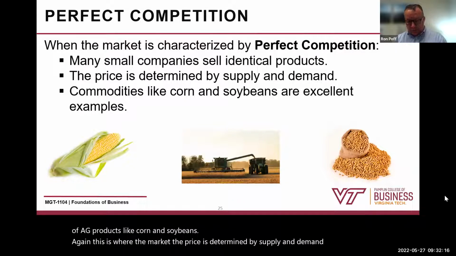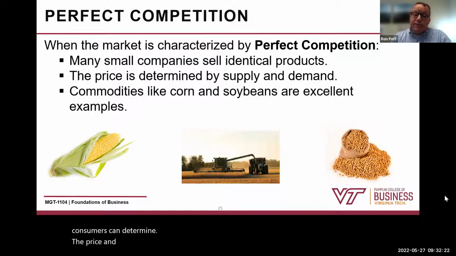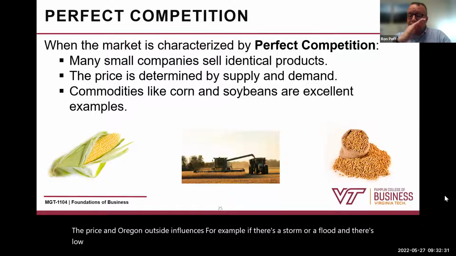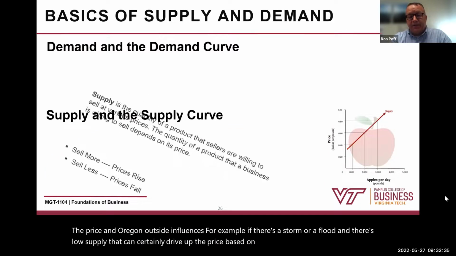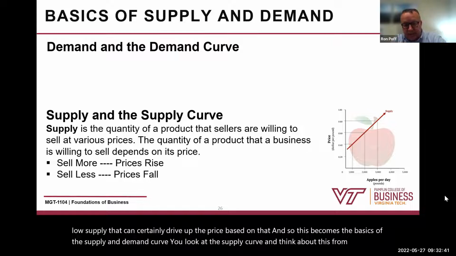So we as consumers can determine the price, and or outside influences. For example, if there's a storm or a flood and there's low supply, that can certainly drive up the price. So this becomes the basics of the supply and demand curve. Look at the supply curve and think about this from a practical standpoint.